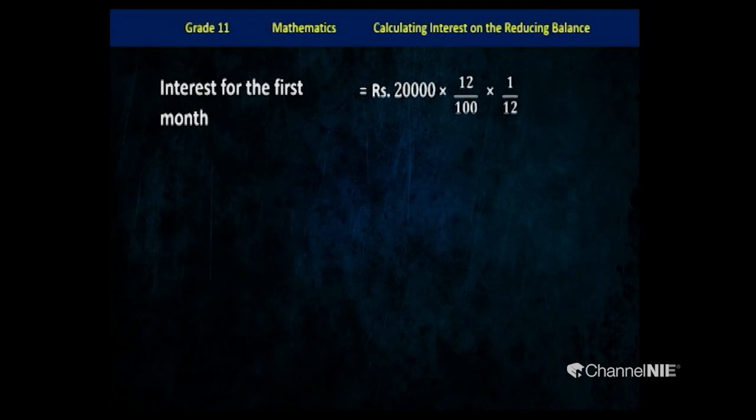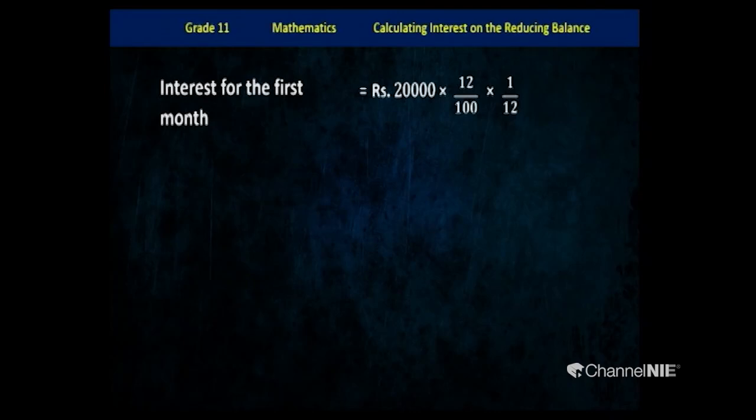Look, first of all, your loan is 20,000. When you consider the beginning of the first month, your loan is 20,000. For 20,000, when you apply the 12% annual interest rate, you will get the annual interest, but you have to get it for 1 month. Therefore, multiply that answer again by 1 upon 12. You know there are 12 months per year.